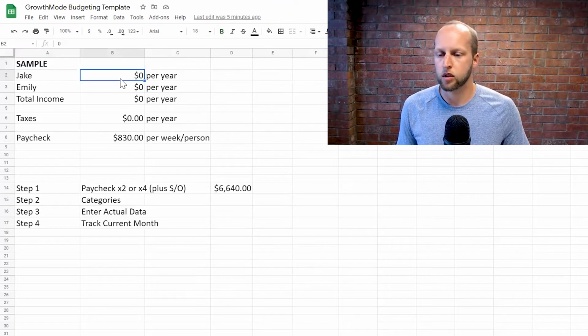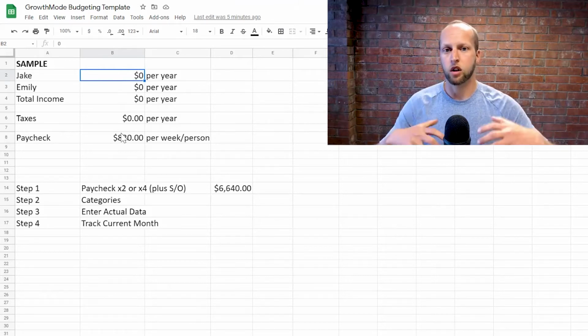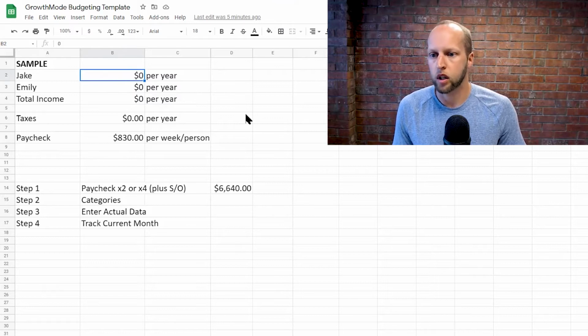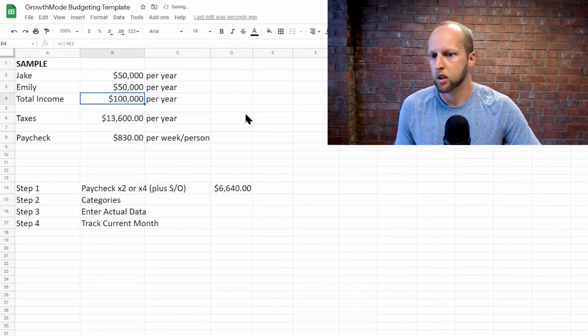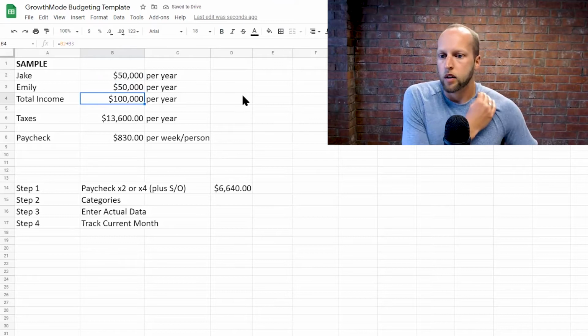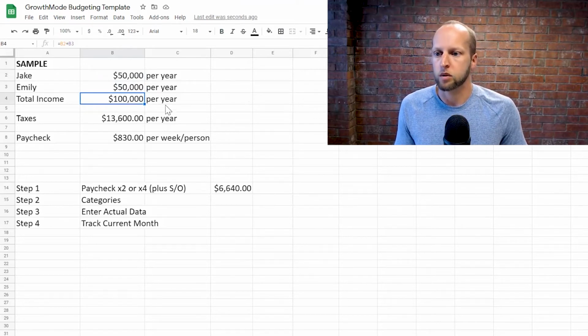So you can do this whether you have 1 income, 2 incomes, 3 incomes, 4 incomes. Really, at the end of the day, we're going to break it down into one number that is just all flowing into this. So in this scenario, we're going to just say we have Jake is earning $50,000 a year, and Emily is also earning $50,000 a year. This will give us some nice, easy round numbers to work with. So total income of $100,000 per year.